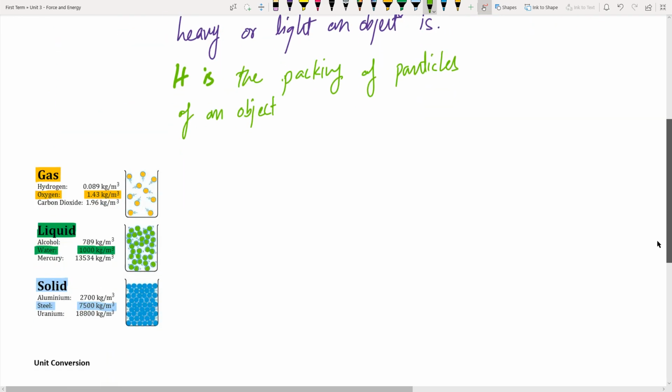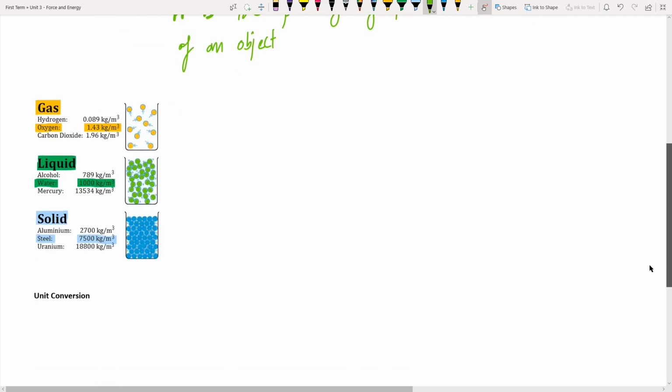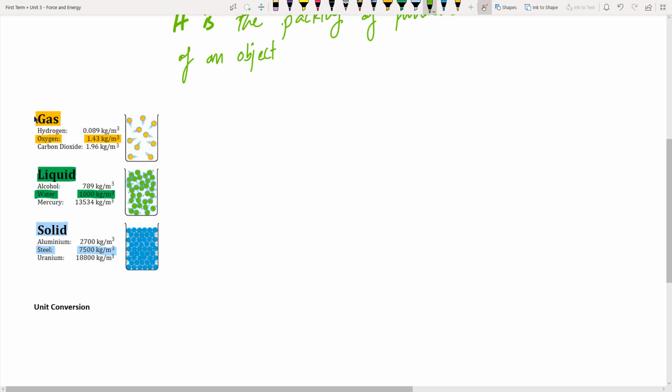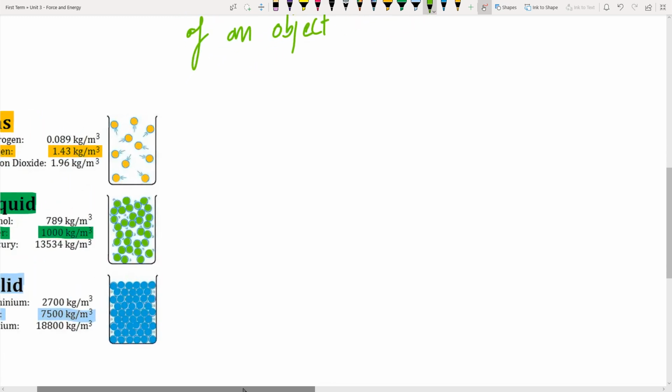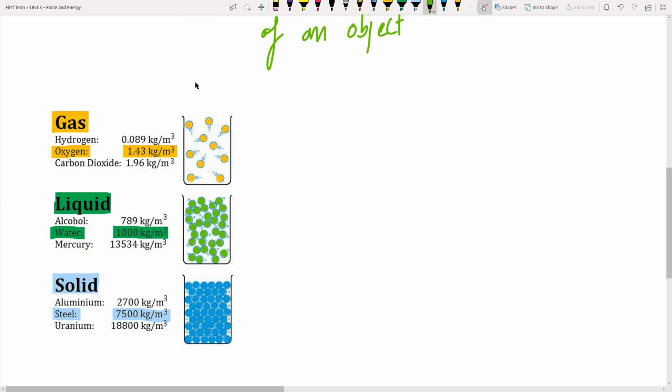Now, to help you understand much better what density really is and how the states of matter relate to the density of materials, just have a look at this diagram. I'm going to zoom it up a little bit. As you can see over here, in gas the particles are far away. They're able to move freely. Hence, they're not very well packed, so it is less dense.